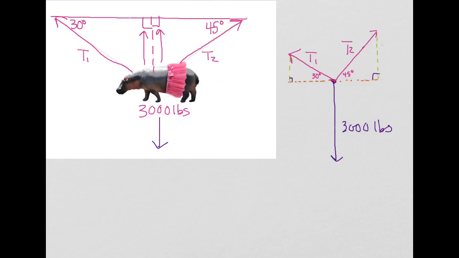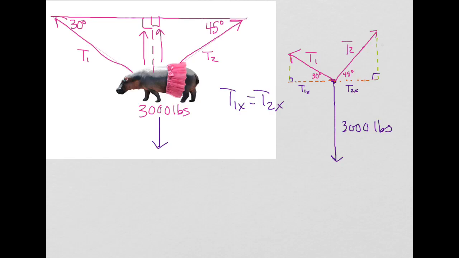And from that, if I label these, say, T1x and T2x, I can say that T1x has to equal T2x.